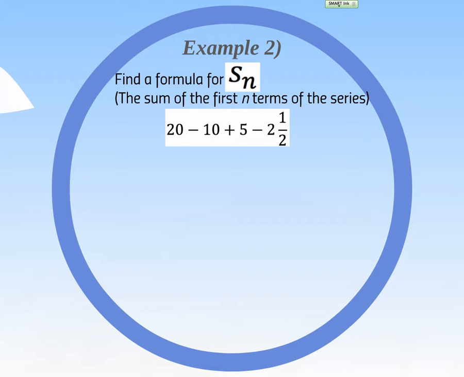And I can start it really the same way I did before with the first term and the common ratio. I'm not going to know n. n is going to stay in my problem. So I want a formula that I can plug n into for n number of terms. So see if you guys can figure out the first term and that common ratio.